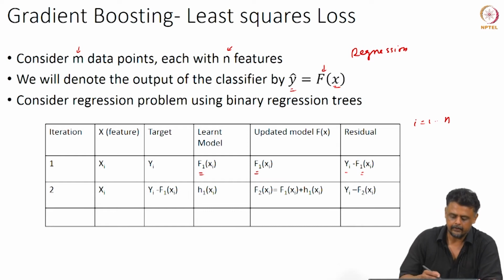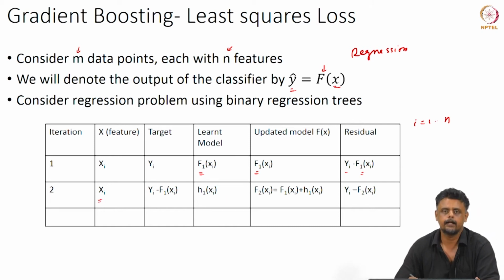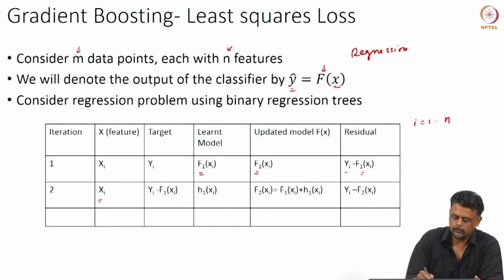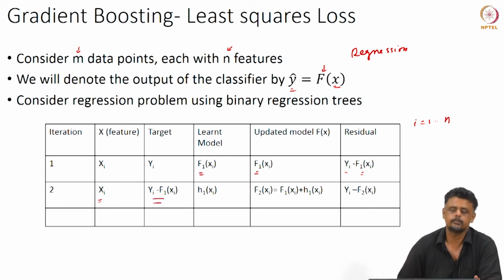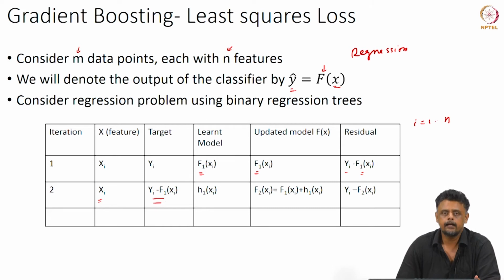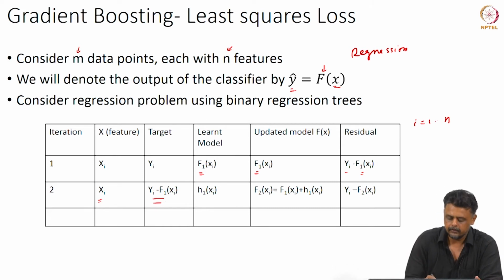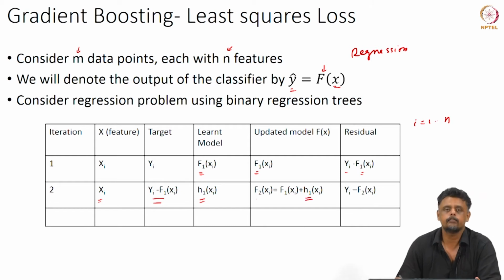In the second iteration, we once again consider the input features for the training data, but we fit it not to yi but rather to the residual. The model that we use to fit xi to the residual we will call h1 of xi. Then at this iteration the updated model f2 will be the previous model f1 plus the model that we used to fit the residual, and we denote that final model as f2.